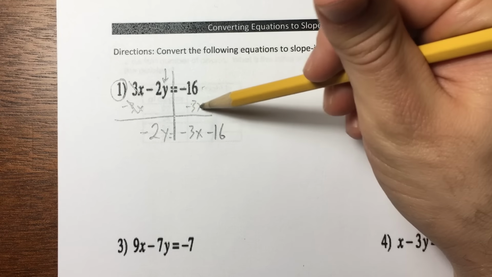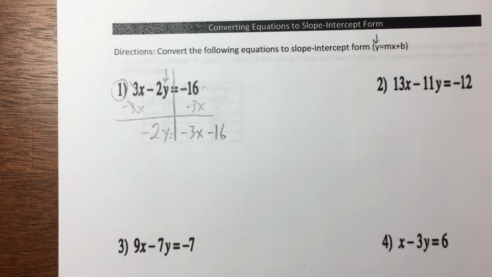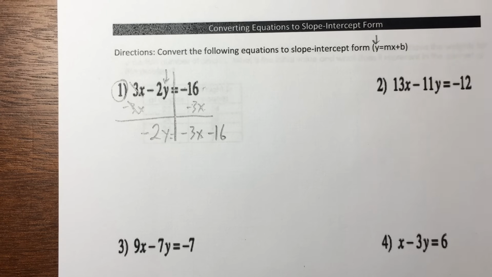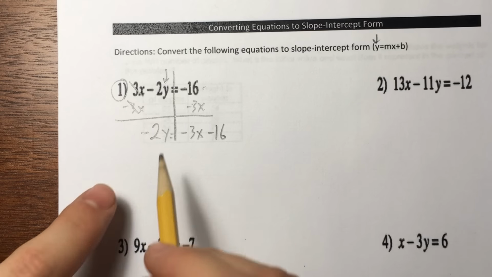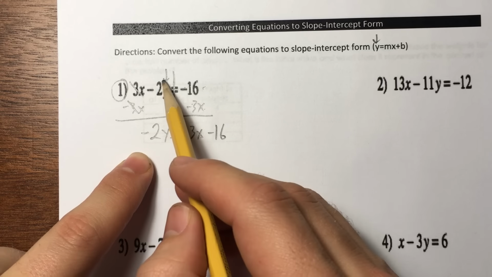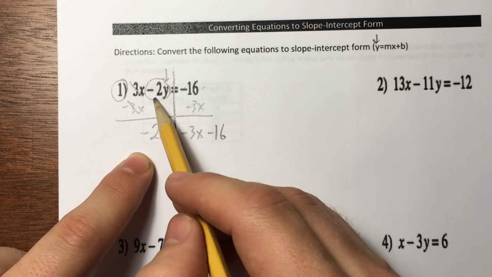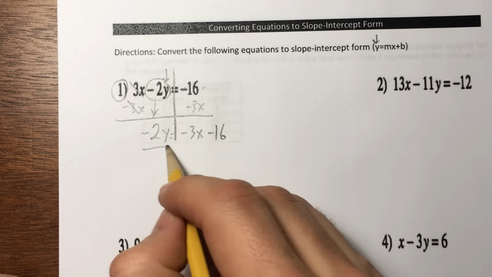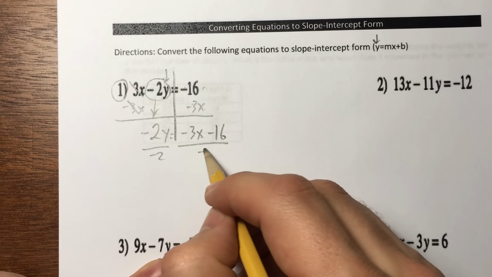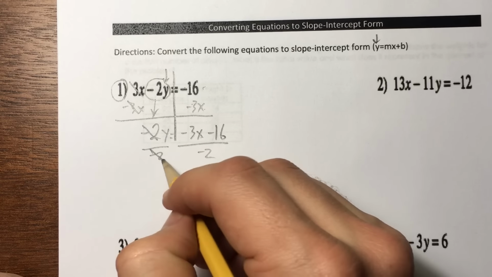I like to write the term with the variable first, just because I'm more comfortable with that, but it doesn't really matter. So next, I see we have a negative 2y here. Make sure that you're careful of this sign. Don't forget this negative as we bring this down. So in order to get y by itself, I need to divide both sides by negative 2.